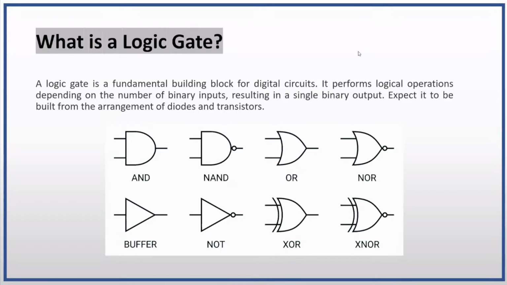The first thing that we want to know is what a logic gate is. There are many kinds of logic gates that we can find in digital electronics. Normally they are the fundamental building blocks.